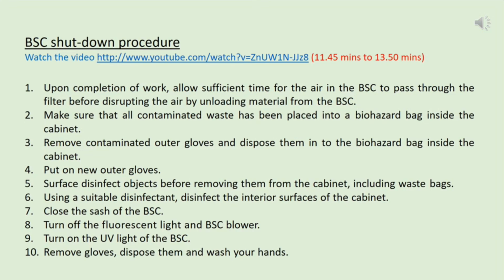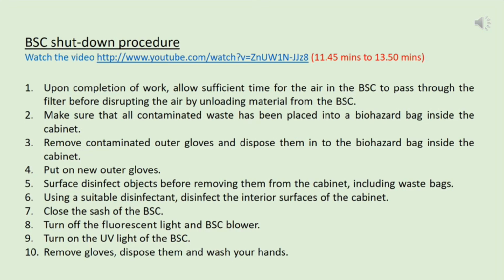Remember, you can keep a biohazard bag in the contaminated area of the BSC, so whatever contaminated waste you have, you should dispose of it within the cabinet into the biohazard bag. Usually when you're handling biological agents in a biosafety cabinet, you are wearing a double layer of gloves. So you can remove the outer layer of gloves, because this can be contaminated with infectious agents, and dispose of it into the biohazard bag inside the cabinet. Then you can put on a new outer layer of gloves.